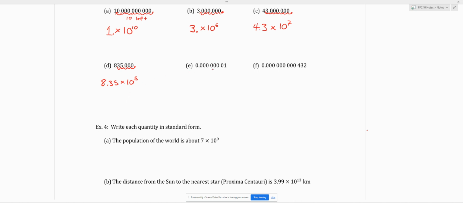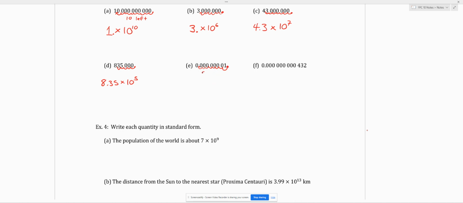All right. What about really, really, really small numbers? Again, we can actually see the decimal this time. We always want to move it again to the leftmost non-zero digit. These are all zeros until you get to the 1. So let's move it 1, 2, 3, 4, 5, 6, 7, 8. I want to put it right there.